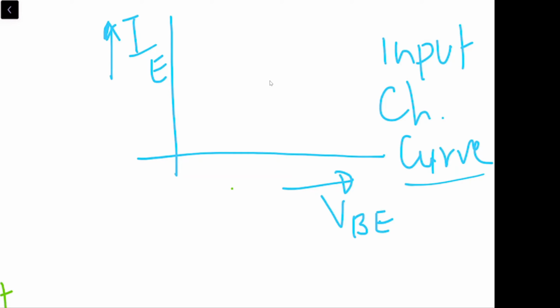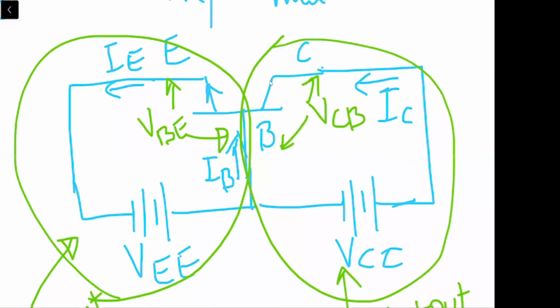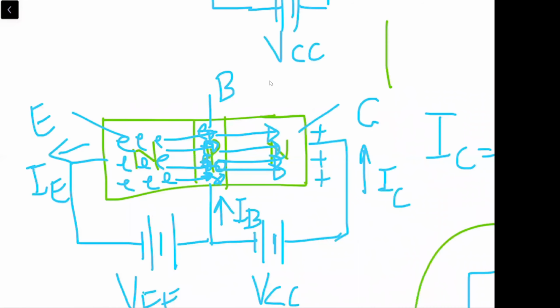Okay, let's get back to the circuit. If you see, this is the circuit, or if we go into the internal diagram, it is over here. So this is the one, right?